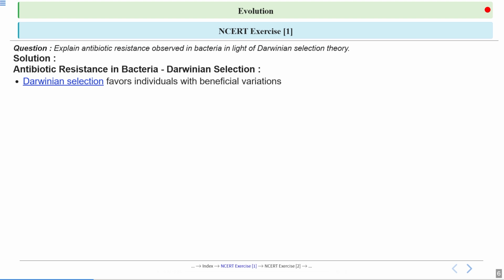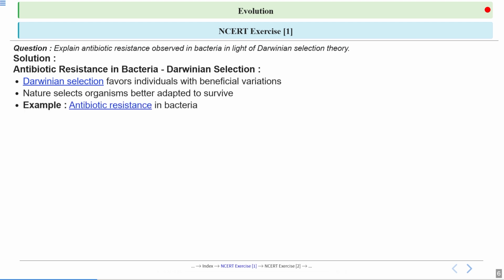These variations give specific features to the organisms which help them to survive in that environment. Now nature selects those organisms which are better adapted to survive in those particular conditions, and the rest of the organisms or other species will not survive.